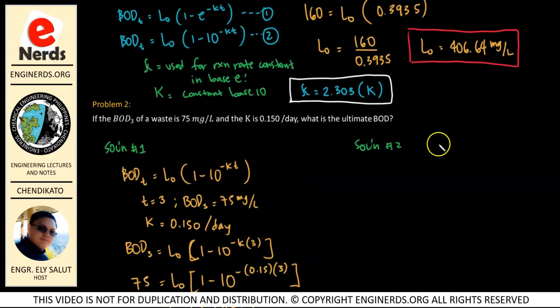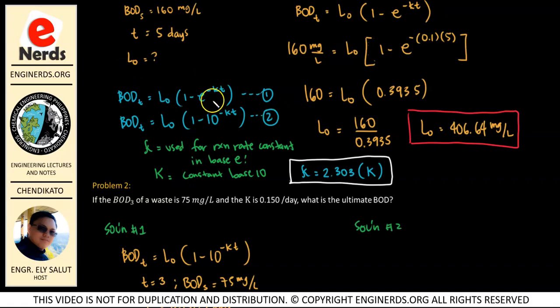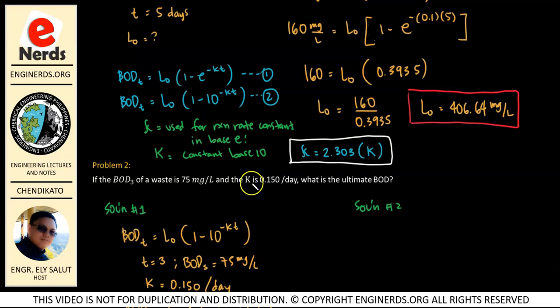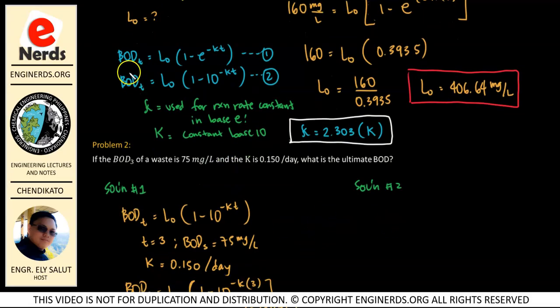So, ang gagamitin natin is itong ating equation with base E. Okay? Pero hindi natin pwedeng gamitin yung K value na to. Dahil yung K value na to, yung capital K, ginagamit natin if our base is 10. Okay? So, para magamit natin itong ating equation, which is BOD T is equal to LO times 1 minus E to the negative KT.